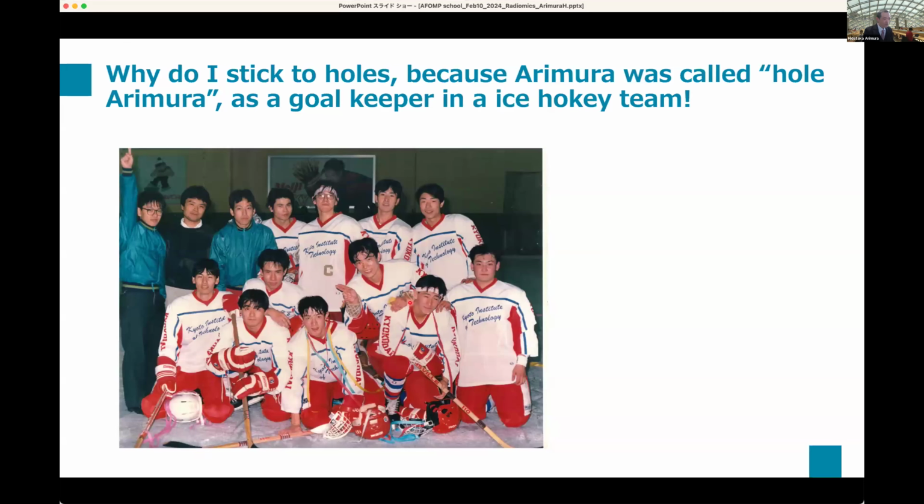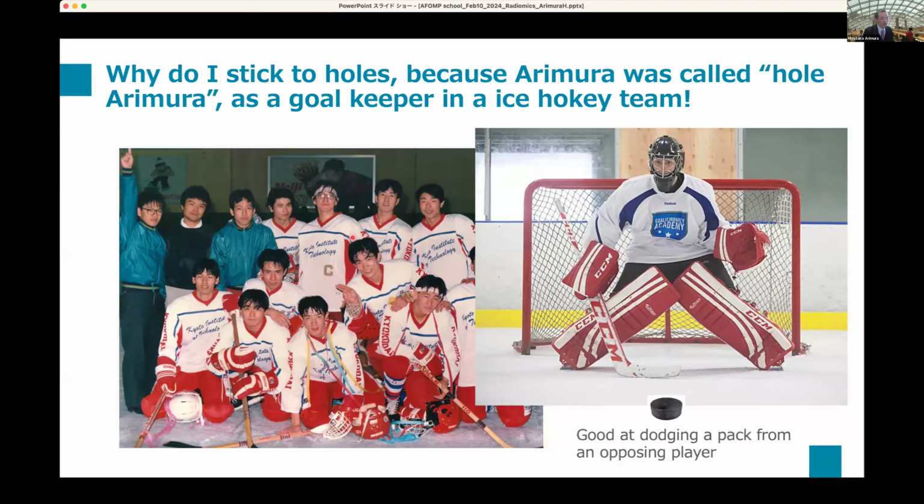During my student days, I played ice hockey as a goalkeeper. This is not me, but anyway, as a keeper I had a fatal defect: I could not protect the puck.